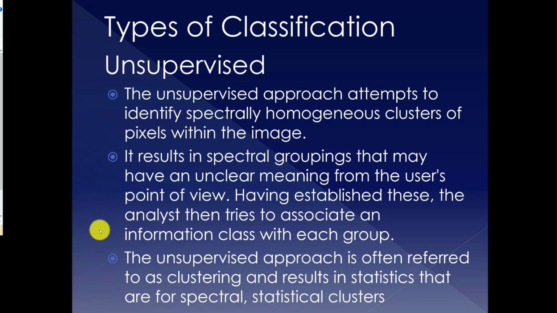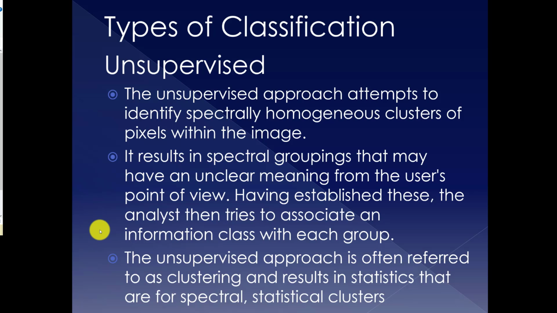That means that they have similar digital numbers. If the results of spectral groupings have an unclear meaning from the user's point of view, you can then go in and do supervised classification. Now, in fact, supervised classification is what you're going to do most as an analyst, unless you're starting a project and you don't know much about the area and you need to get a baseline or a launching place for your further investigation.